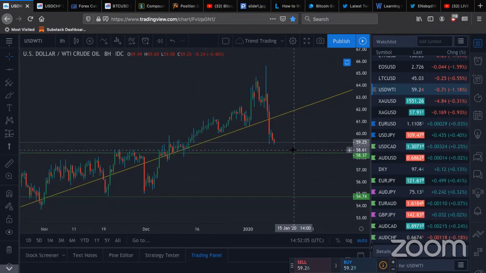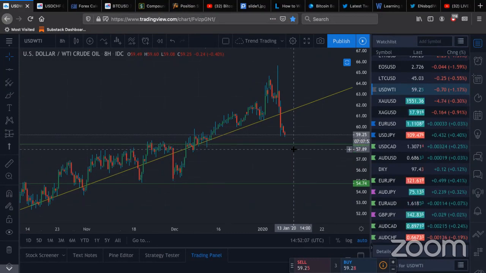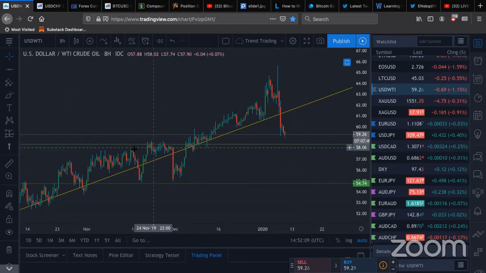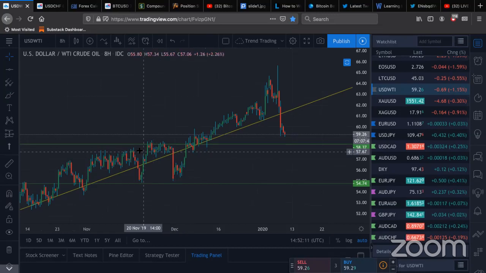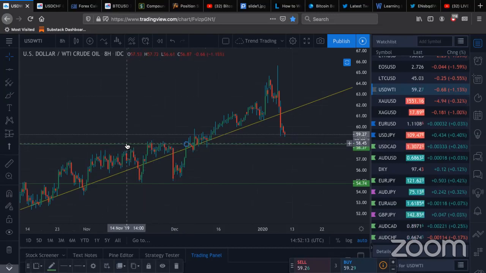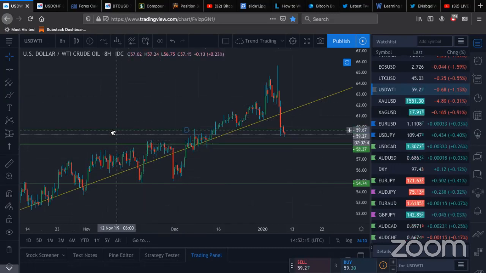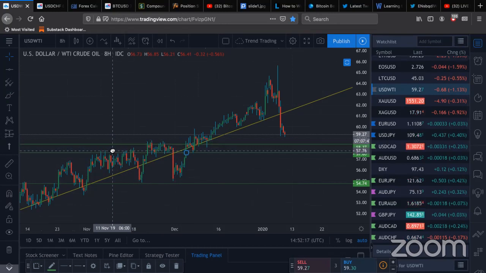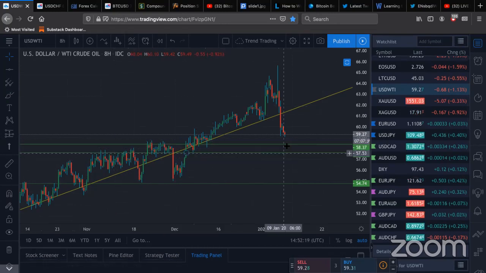Is there a chance you get through the support? I don't think so. Deep down here we got some further support. This area might reach though. This one I think holds down here at 57.60.